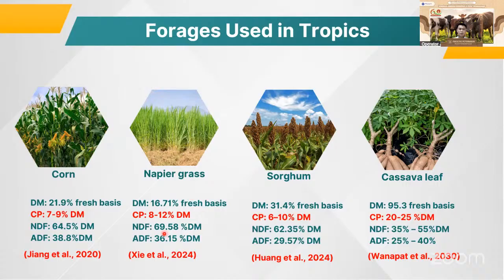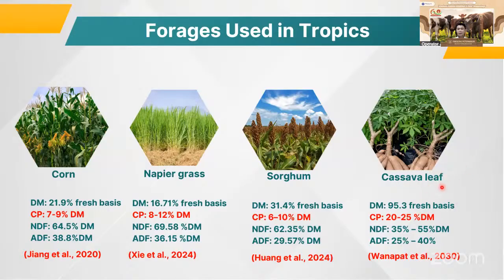Napier grass contains about 10% crude protein and sorghum about 6 to 10%. After we harvest cassava root to produce chips or starch, the leaves can be preserved as silage and fed to the animal.